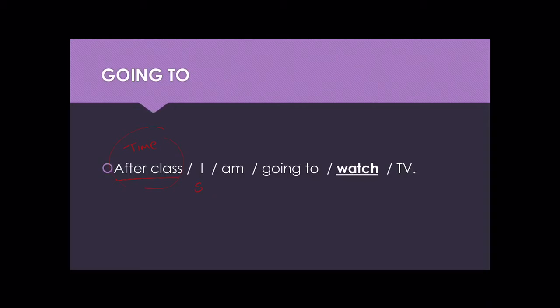Then we have our subject, we have the be verb, we have going to, and then we have verb 1. And then we finish our sentence. So subject, be verb, going to, verb 1. That is how we make a sentence with going to.